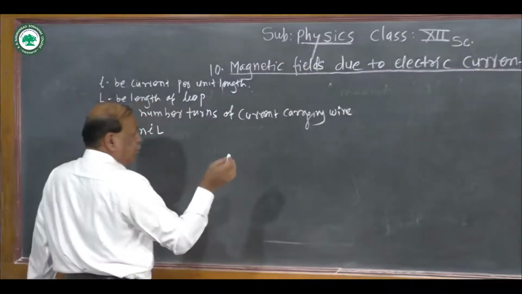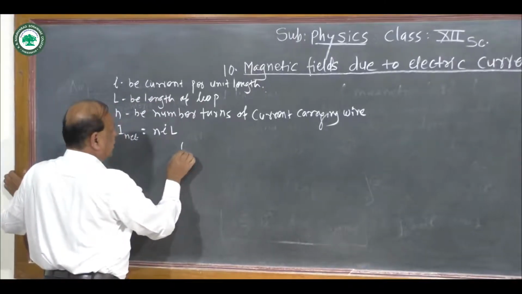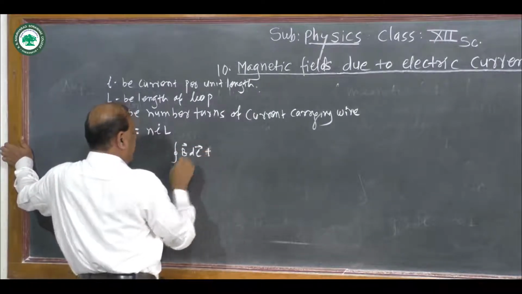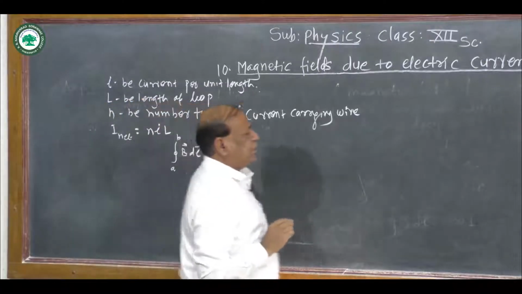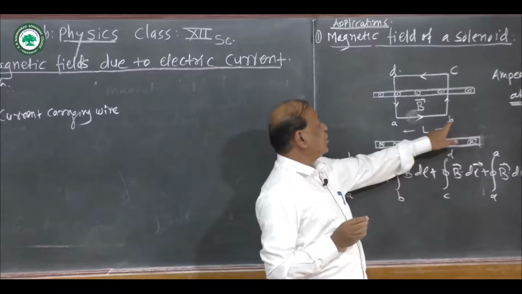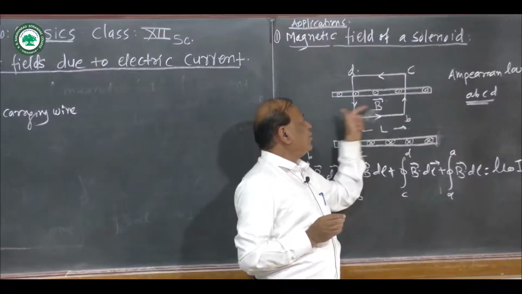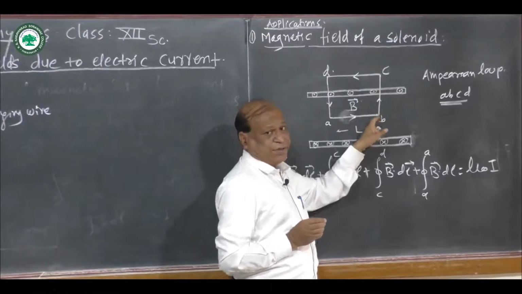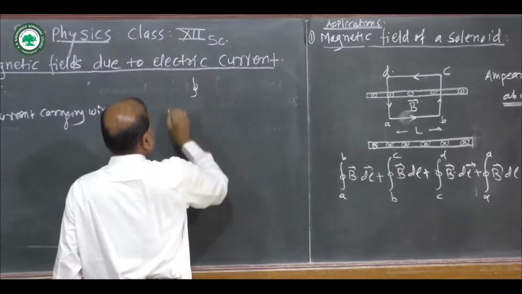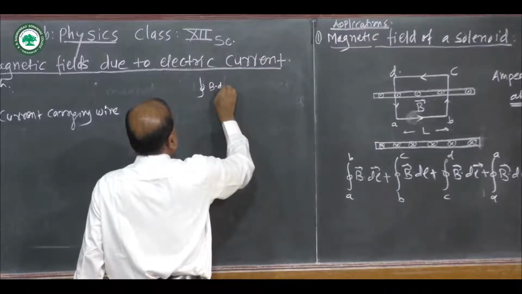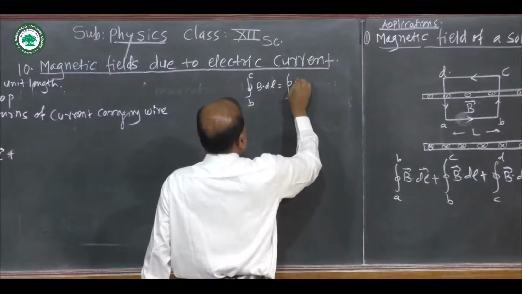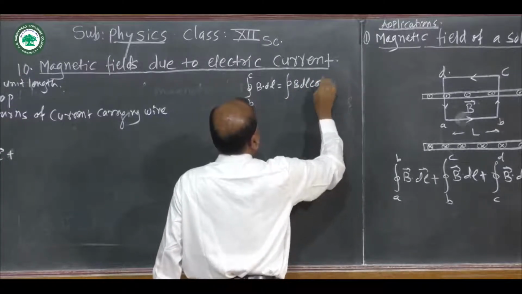Now the value of the closed line integral from B to C. Here the magnetic field and the length element are perpendicular to each other, so the closed line integral of B dl from B to C is equal to B dl cos theta.